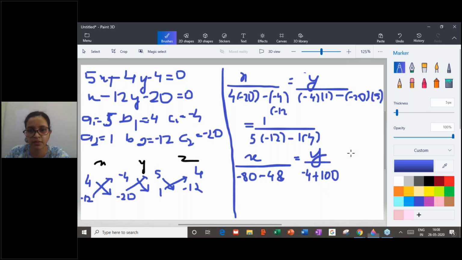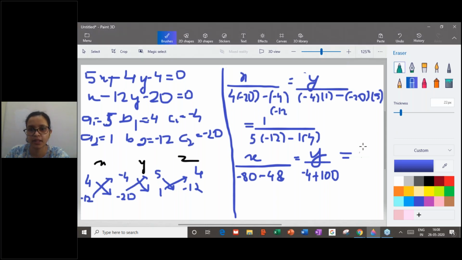Okay, is equal to 1 by minus 60 minus 4, right?